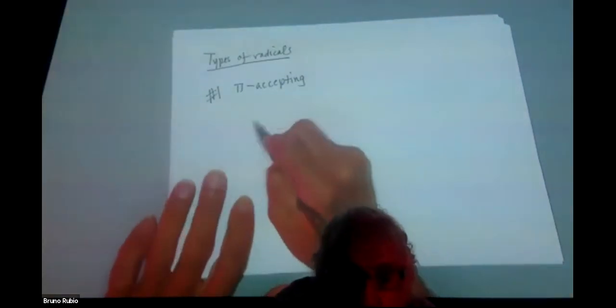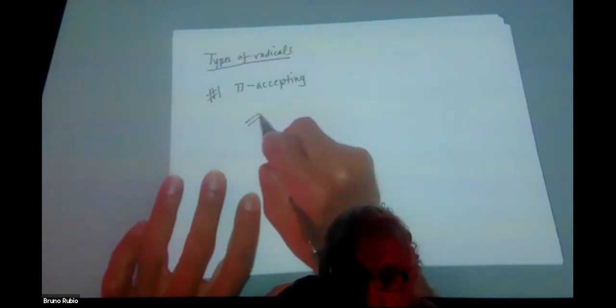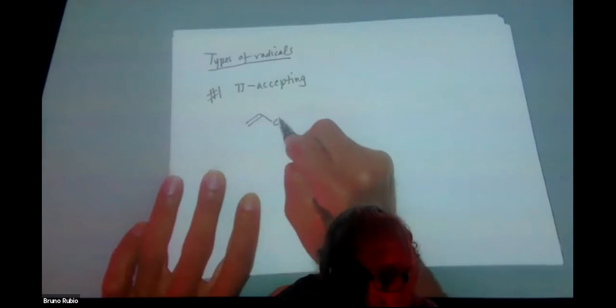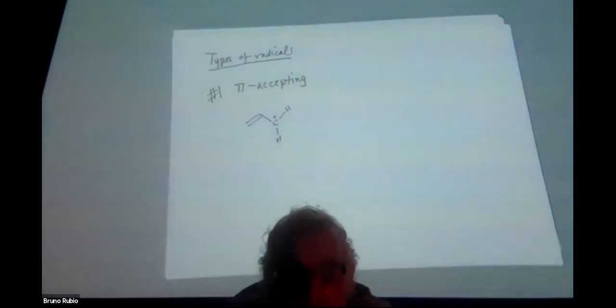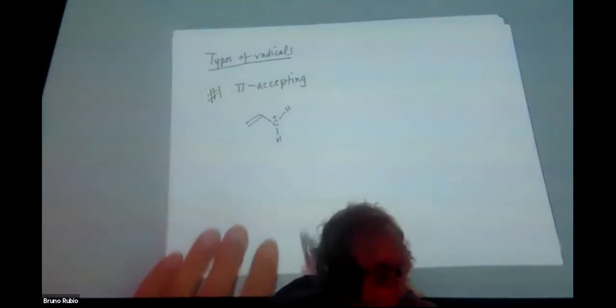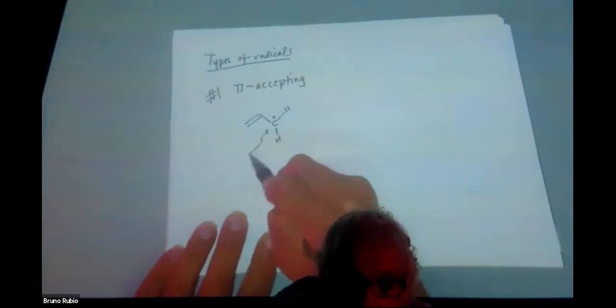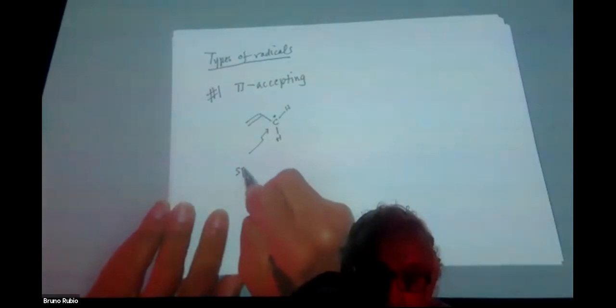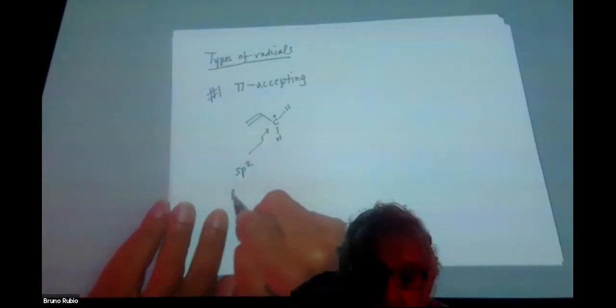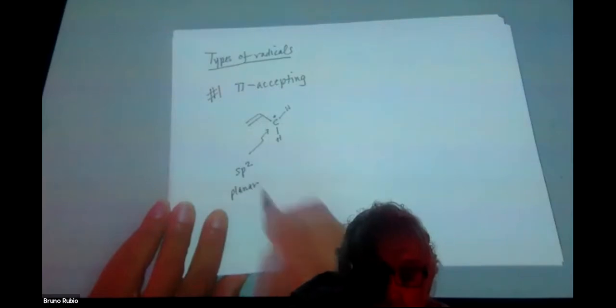So a simple example of a pi accepting radical would be the allyl radical, which looks like this. That's a pi accepting radical. The carbon atom that hosts the radical dot is sp2 hybridized and it's planar.